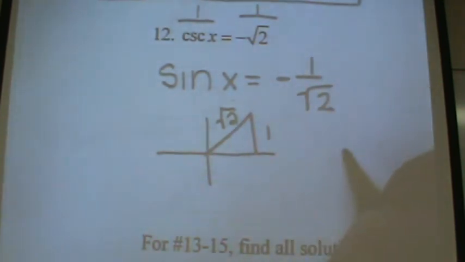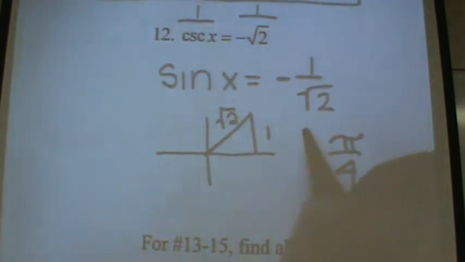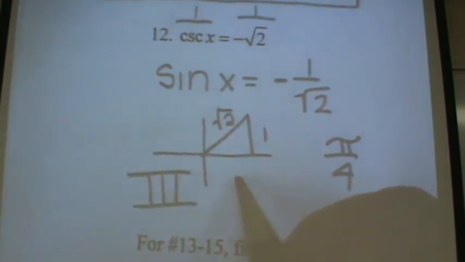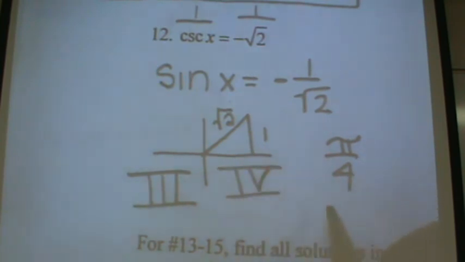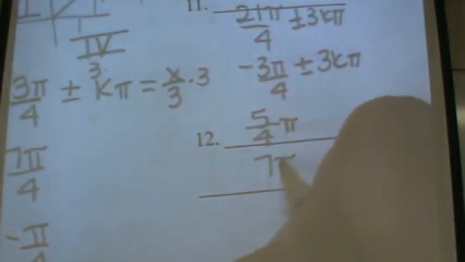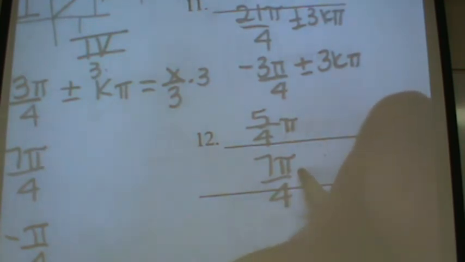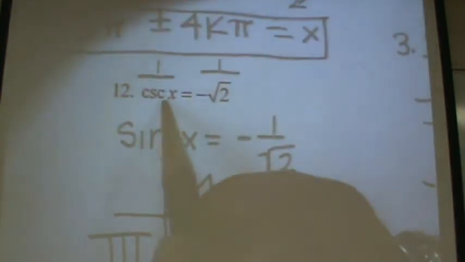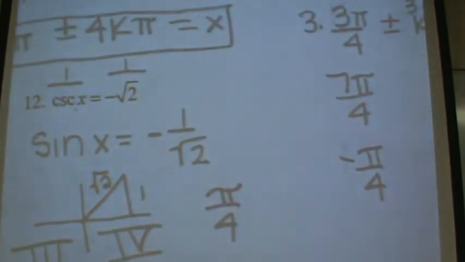In what 2 quadrants is sine negative? 3 and 4. What's the name of the angle that has a 4 in it in quadrant 3? Now it's 5 pi over 4. And what else? And then what should you do to these? Add 2k pi. Do I have to divide or multiply by anything? No, because it's a 1. So I made those easy.